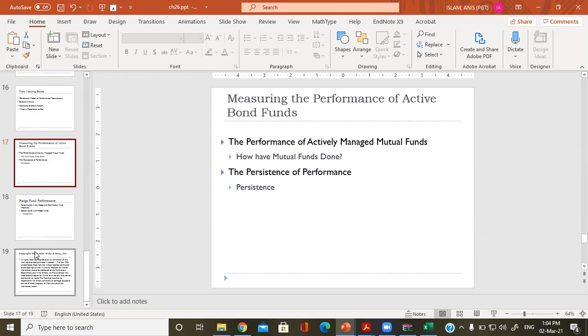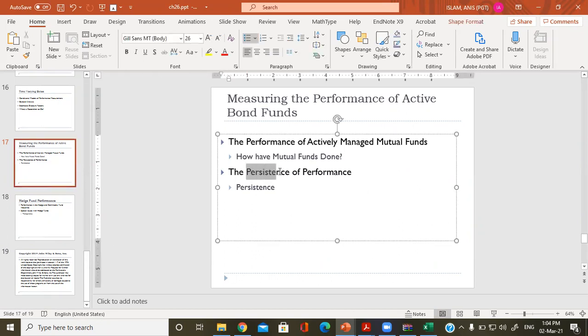If you invest in a mutual fund based on its high current performance, can you have higher return in future? So do they have persistence of performance? We will try to answer this question in the next class.